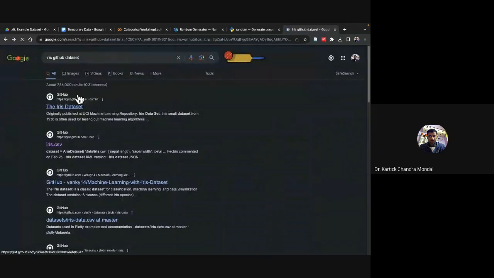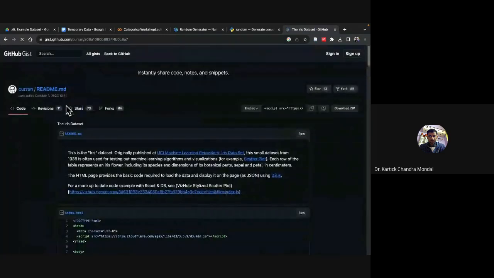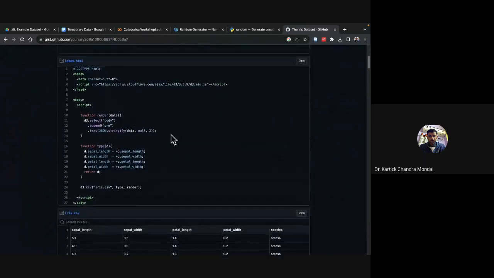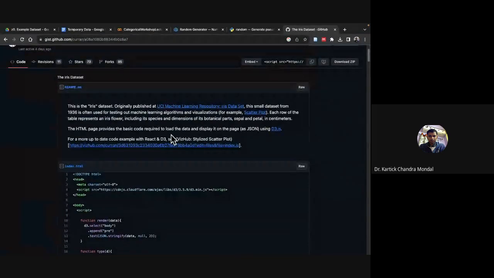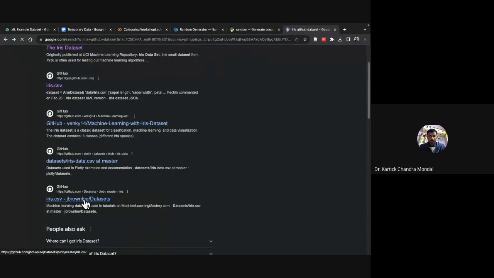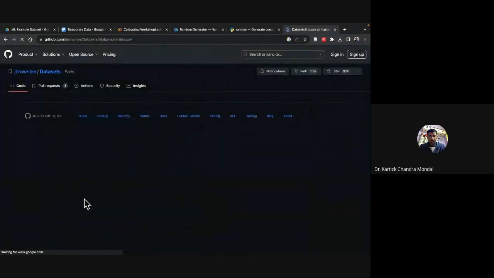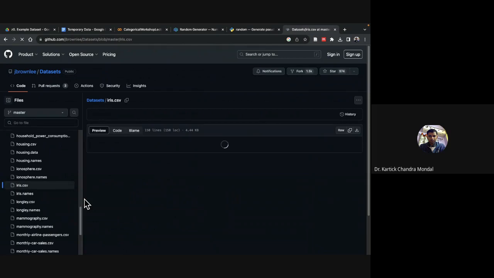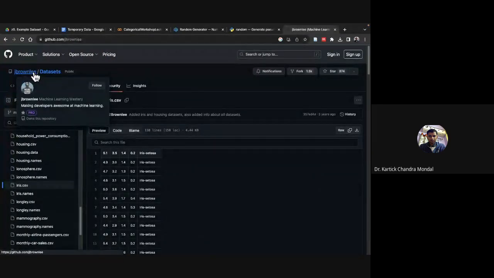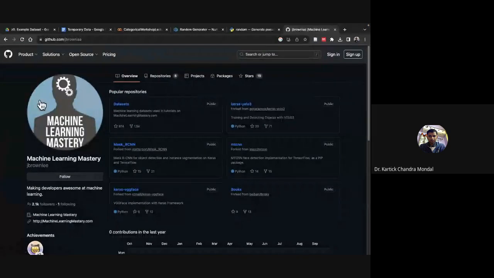Or you go there and it is the code. I need a good file, a good repository, where I can explain a few more things. So this is the data set. Where can you find it? In Jason Brownlee's Machine Learning Mastery GitHub account. There you have a data set repository.